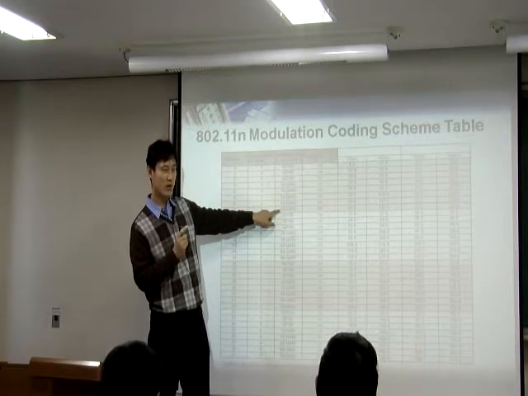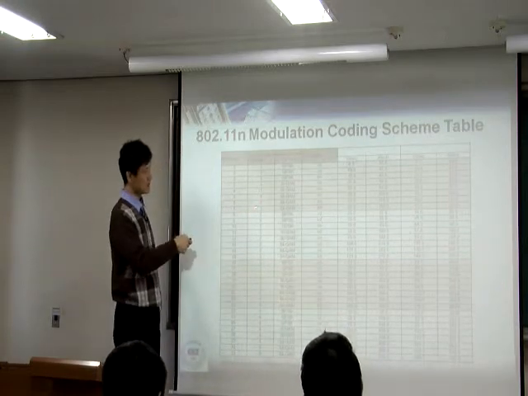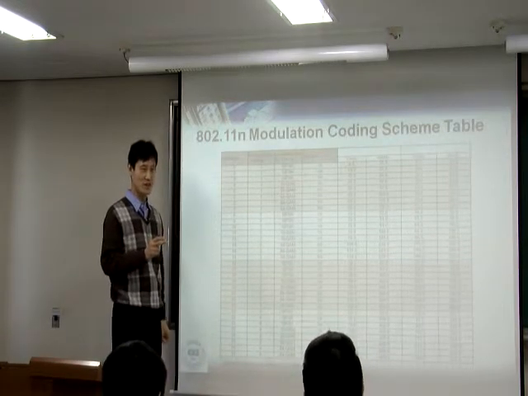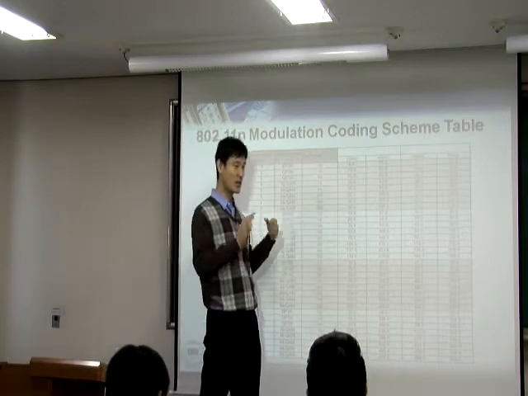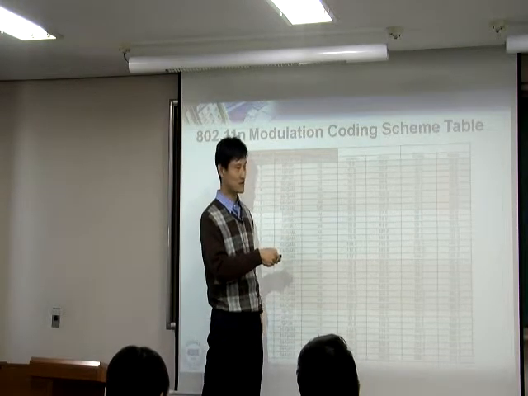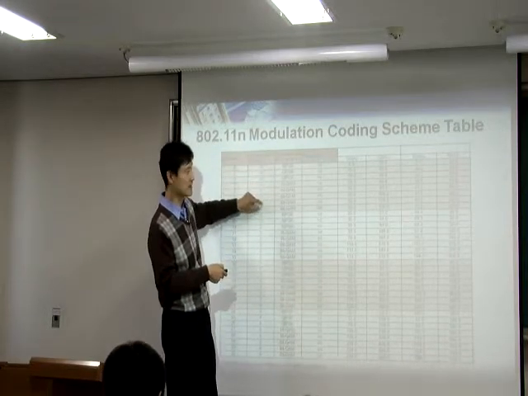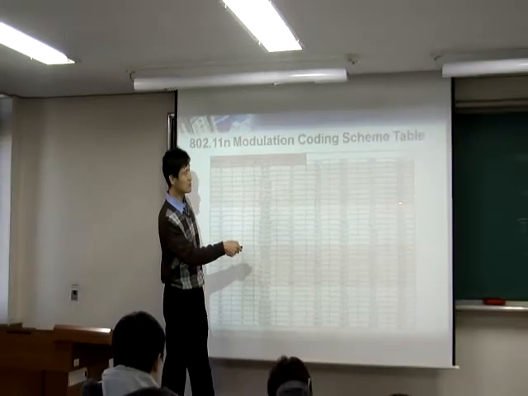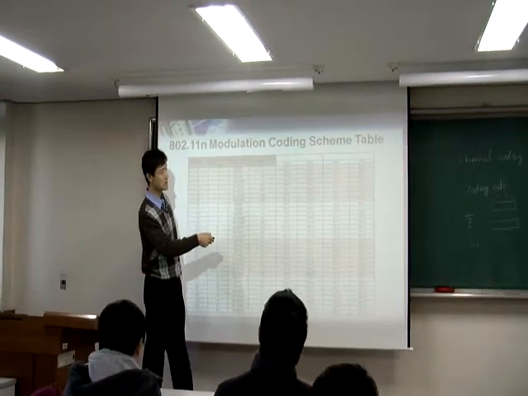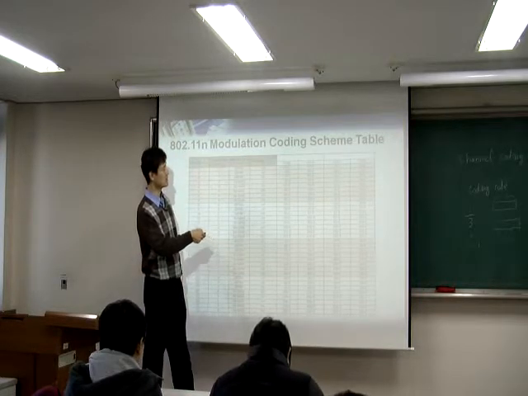Why do they do that? Because they think this channel condition is very excellent, so using these is still okay. And if you do that, then definitely they can increase the data rate. Even with one data stream, a single antenna, you can have 150 Mbps or 72 Mbps. That's very, very excellent. Okay?